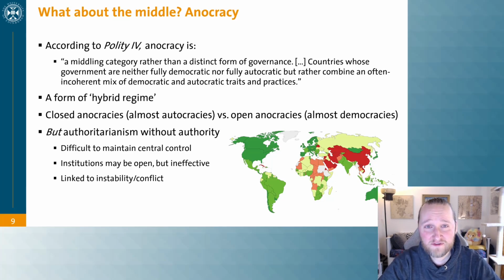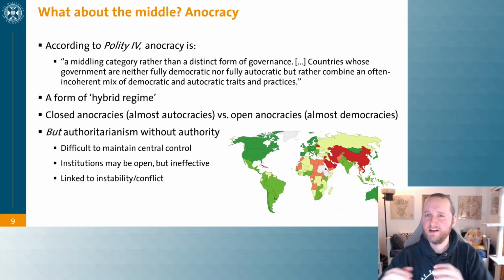So it's often difficult in anocracies to maintain central control because institutions might be open, but they're also ineffective. And oftentimes these types of hybrid regimes are linked to instability and conflict. Most of the time, this will also be because they are in transition.